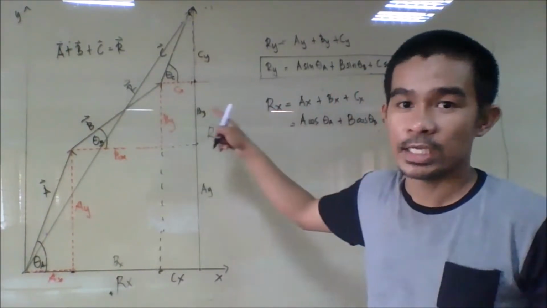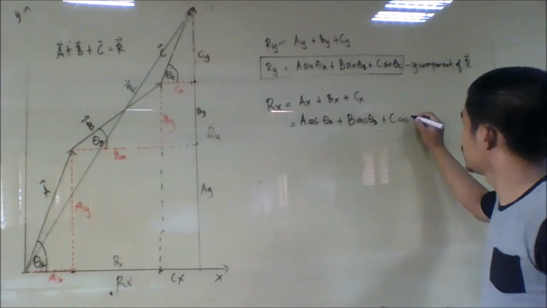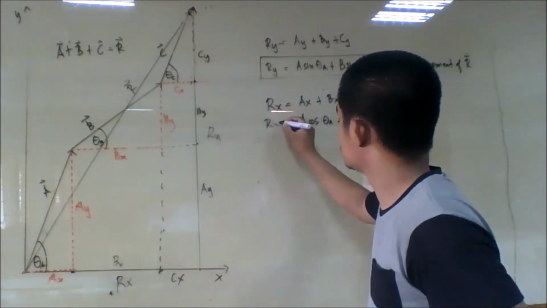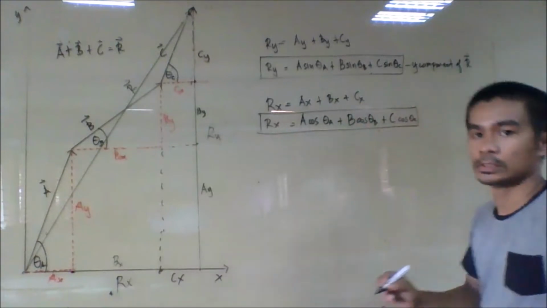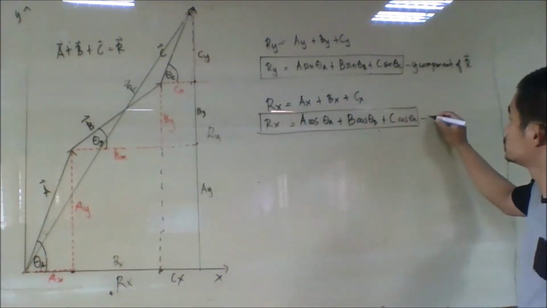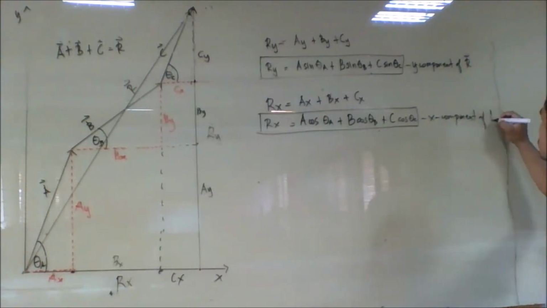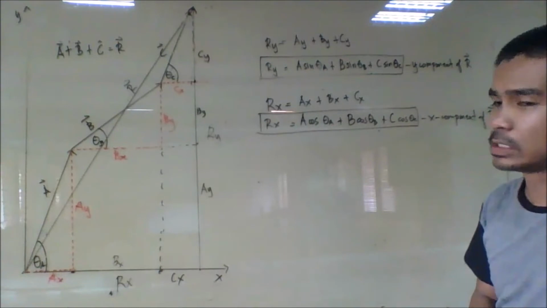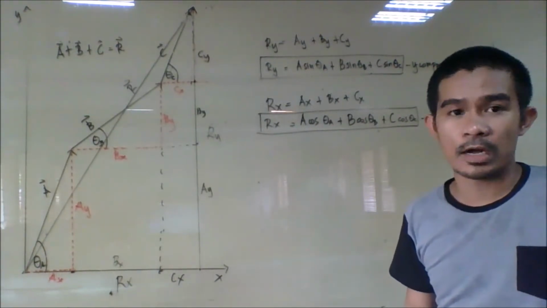C of x is the magnitude of vector C, cosine of its direction, theta of C. So this is the x component of vector R. Now, how about the magnitude of vector R?